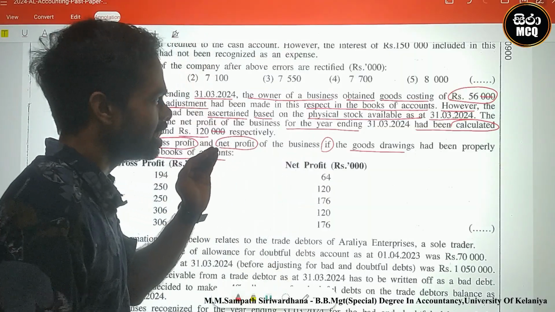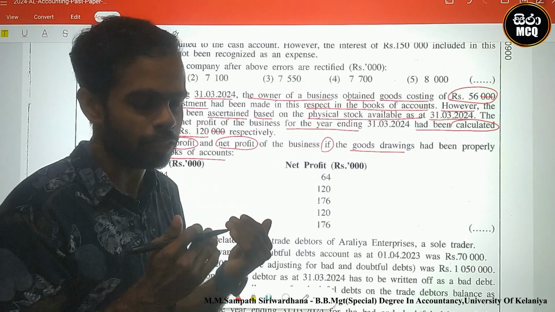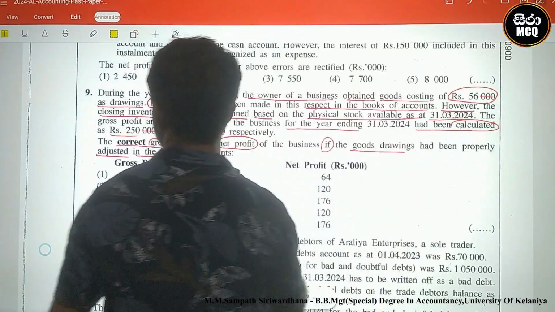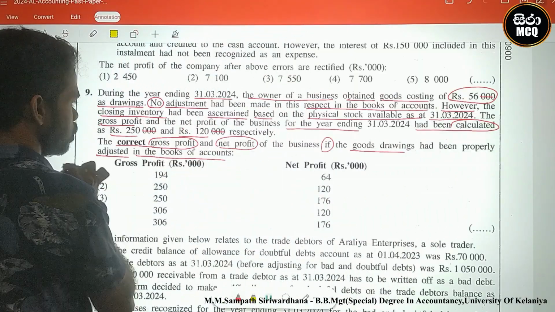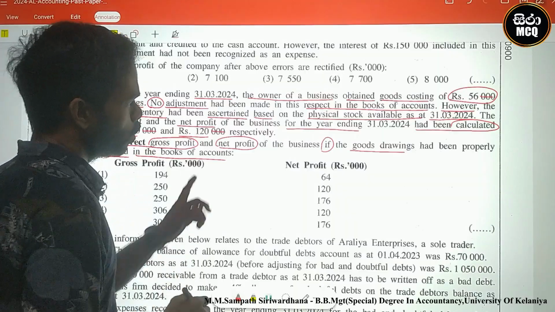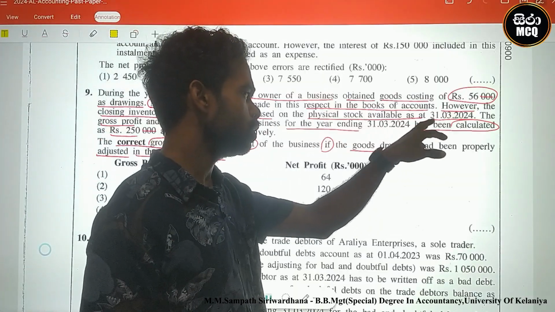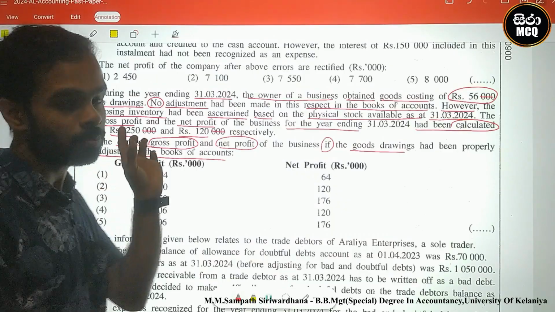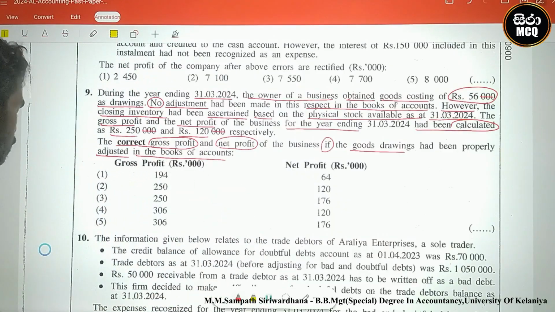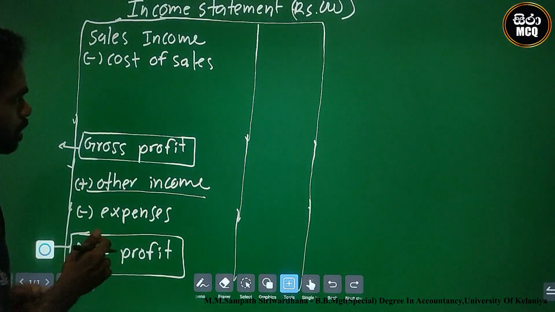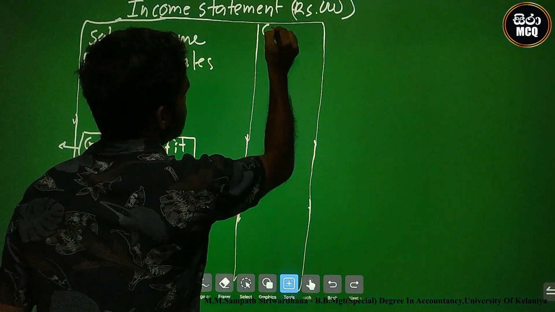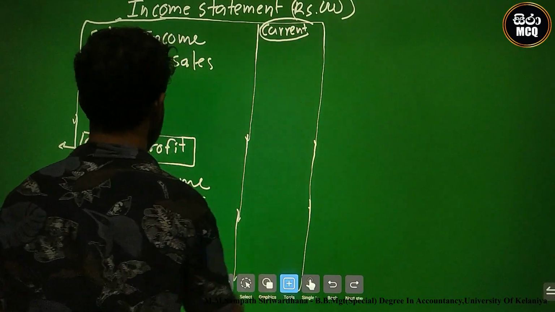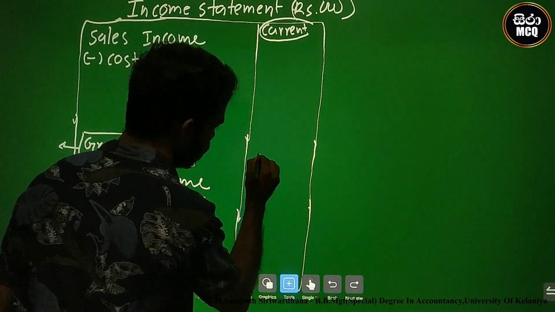Okay, in that case there is a calculated gross profit and a calculated net profit. Firstly, the gross profit for the year ending 31st March 2024 had been calculated as 250.